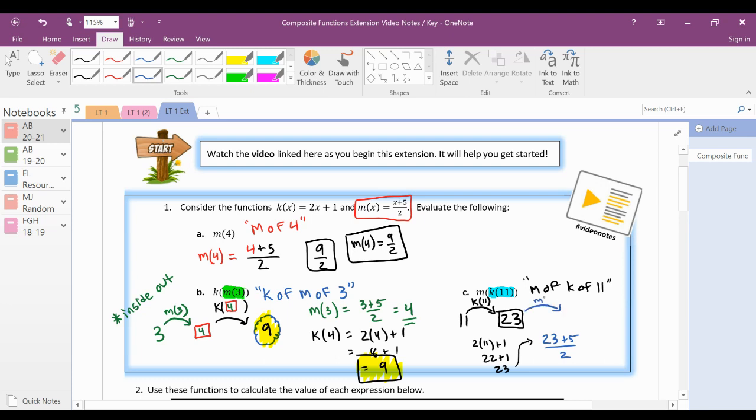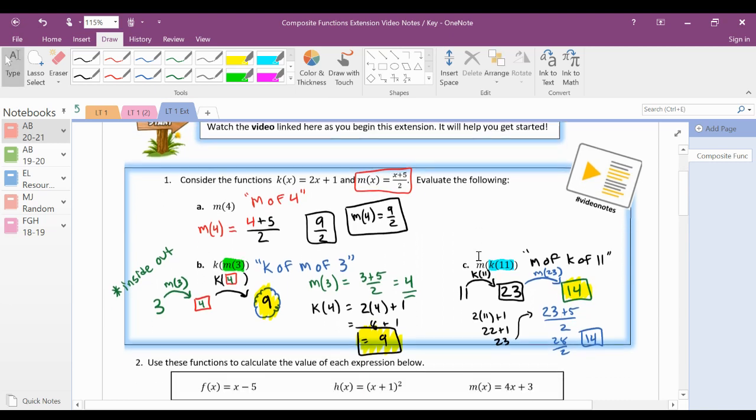Now I'm finding m of 23. 23 plus 5 is 28, divided by 2 is 14. So my final output here is 14 as my ultimate answer. And that's because when 11 goes into k, I get an output of 23. Now that output becomes the input into the m function, so m of 23, which gives me 14.